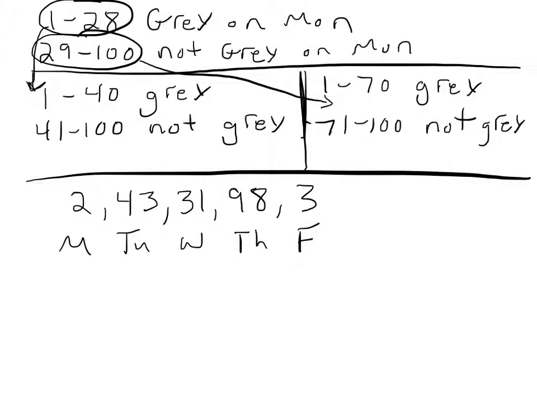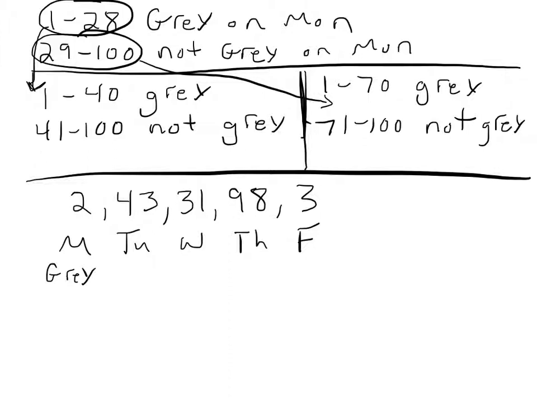So now let's look at these numbers. On Monday I got a 2. That means that I wore a gray suit on Monday. Now, since I wore the gray suit on Monday, I'm going to be using those numbers right there that I just starred.